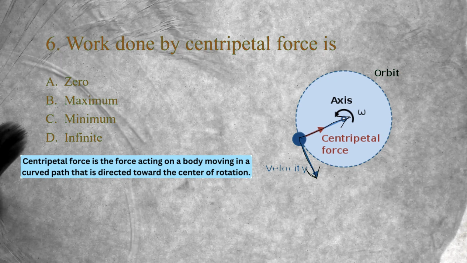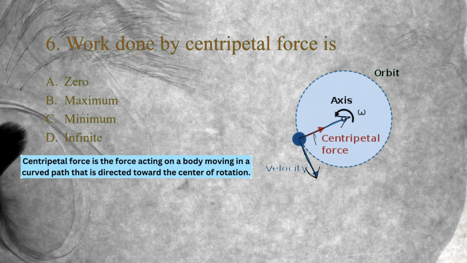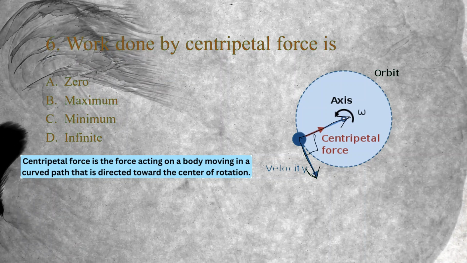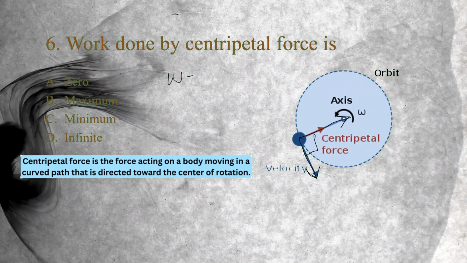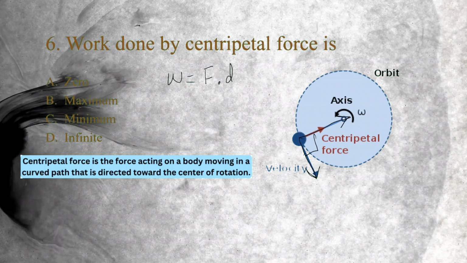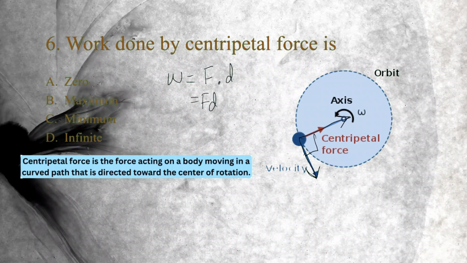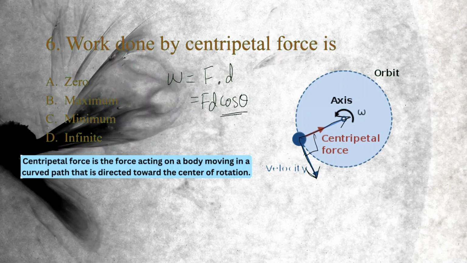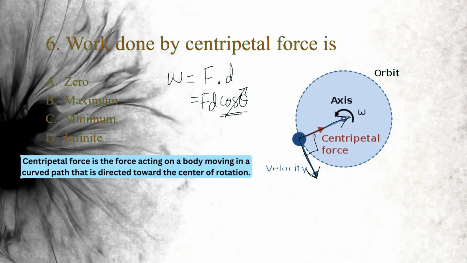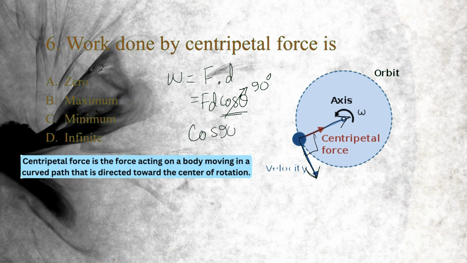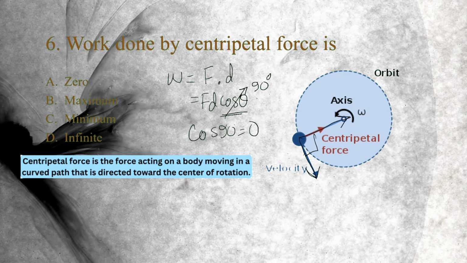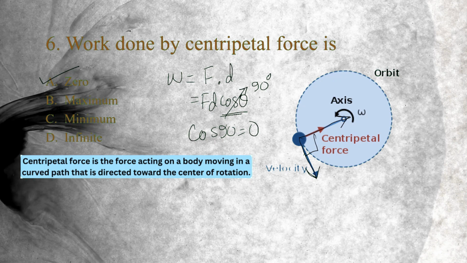Since the force and displacement are perpendicular to each other, the work done by the centripetal force is zero, because according to the definition, work done is the dot product of force and displacement, which has a cos theta, and cos 90 is 0. So work done by centripetal force is 0.